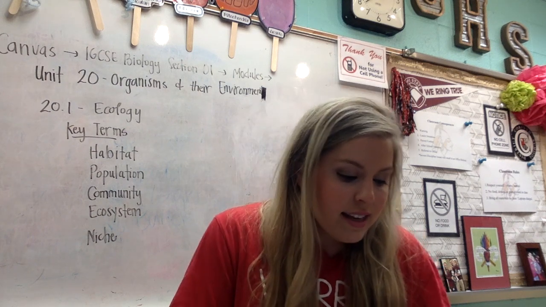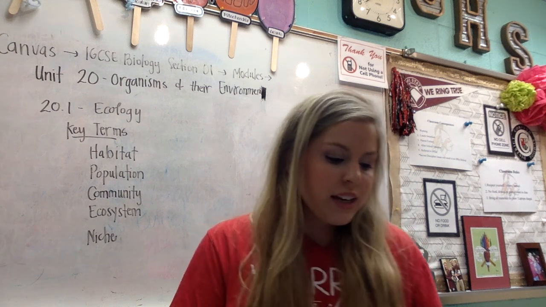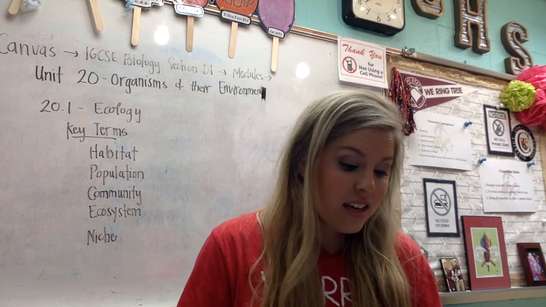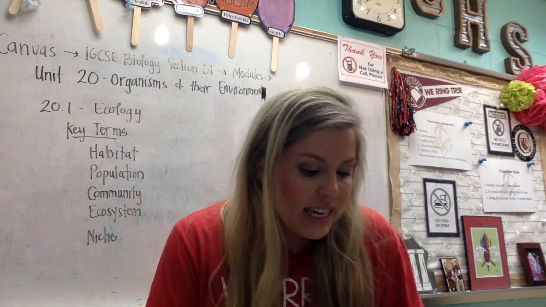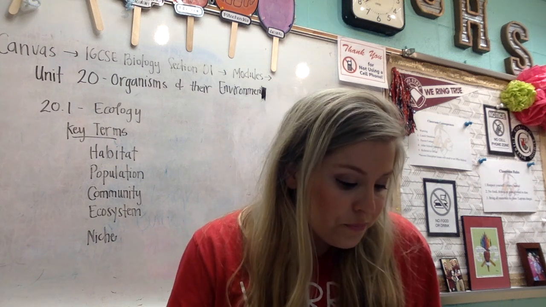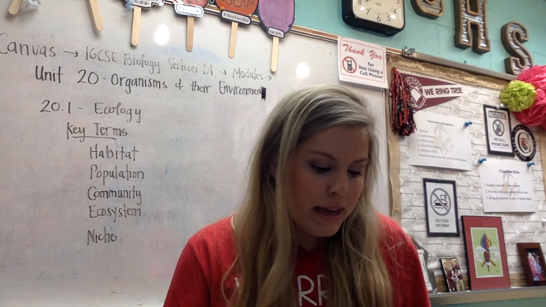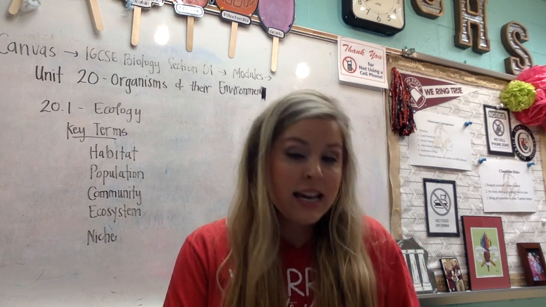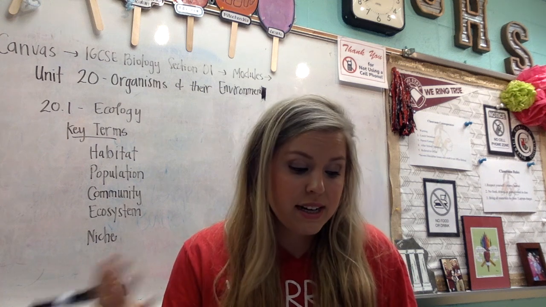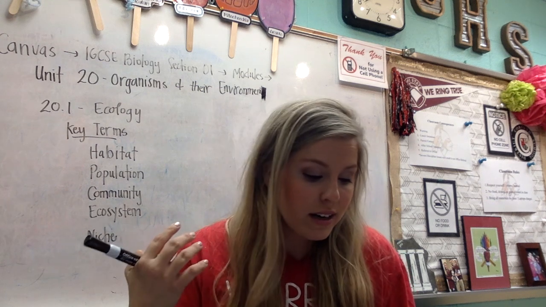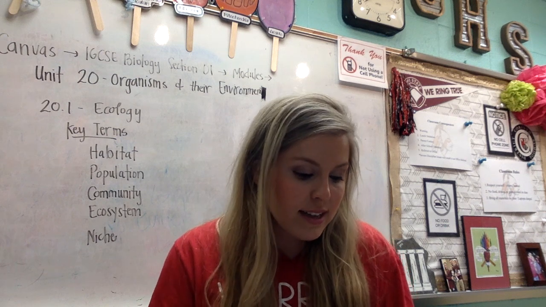Okay, and then one other term that we want to point out is something called the niche. The niche is the way in which an organism lives its life in the ecosystem. For example, those tadpoles eat algae and other weeds in the pond. They might disturb the pebbles at the bottom of the shallow areas. They excrete ammonia into the water as they breathe in oxygen from the water and breathe out carbon dioxide.